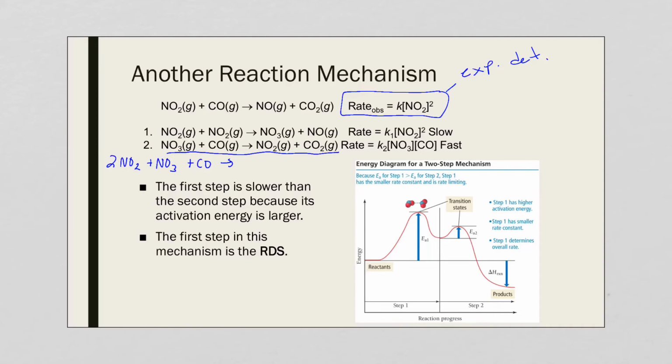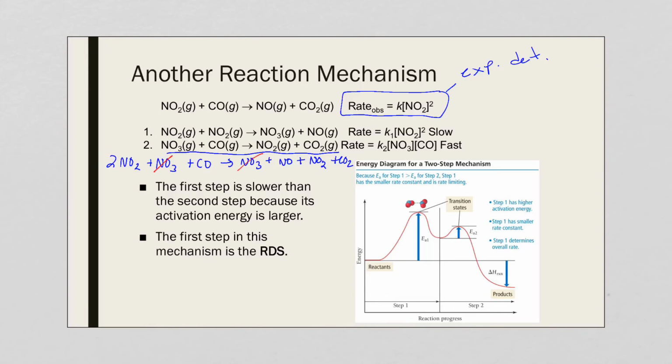We have NO3 plus NO plus NO2 plus CO2. Again, we can go through our grouping and our cancellation. Notice we have NO3 being produced in the first step and used up in the second step, so we can cancel it out.